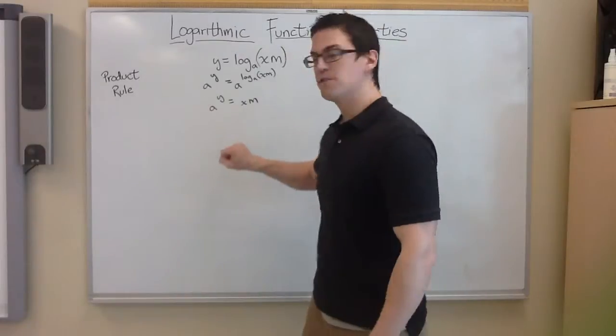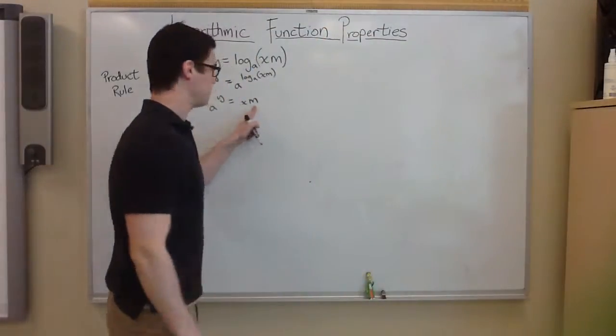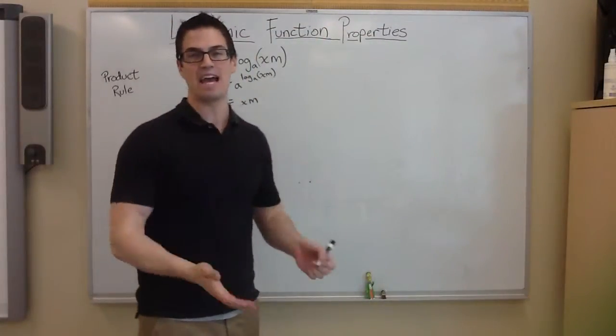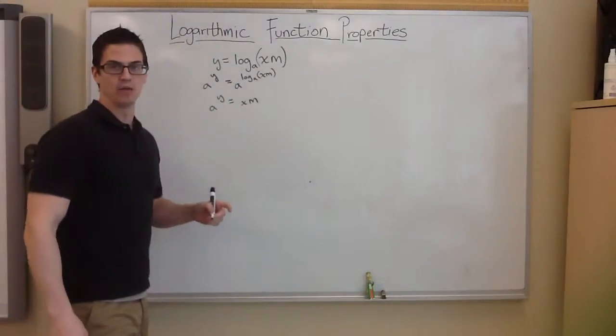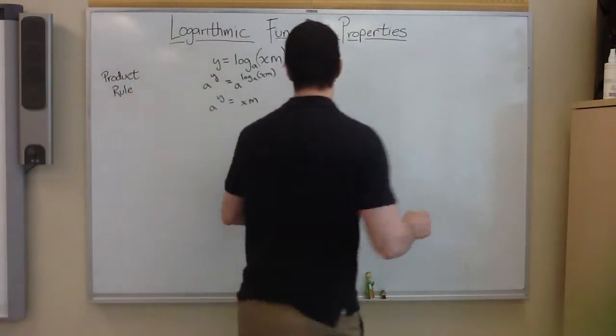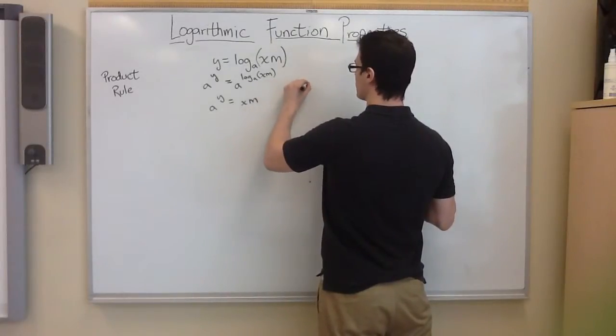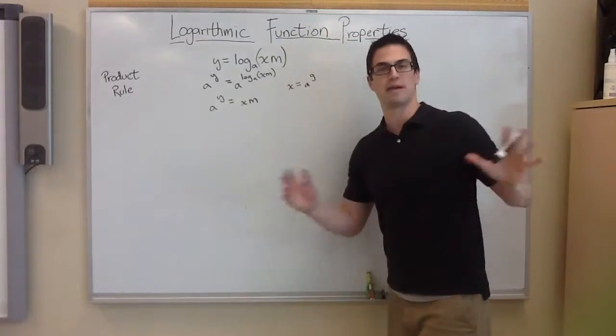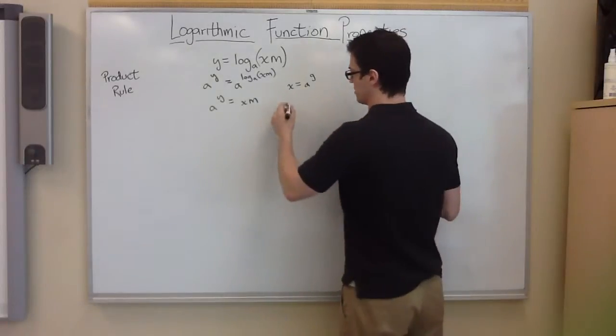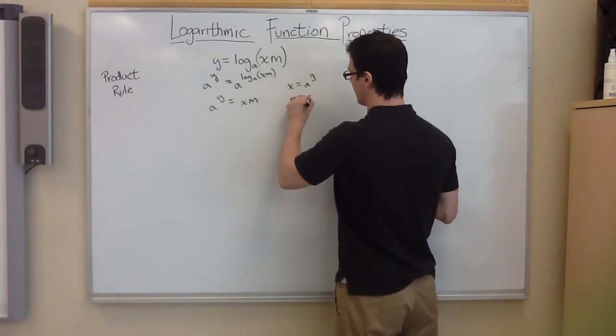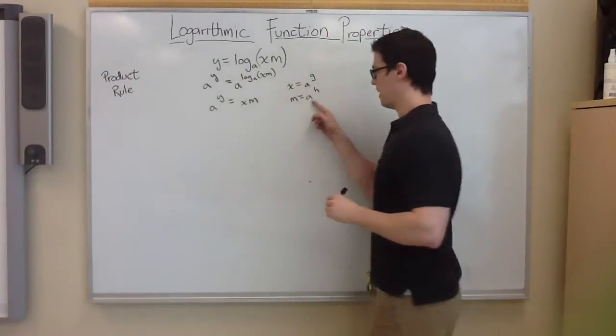Now to solve this problem, we need x and m to both have a base of a. They don't have a base of a right now, so I'm going to make it so they do. Let's just say x is equal to a to the g power. I'm just making something up, it doesn't actually matter what it is, as long as the base is a. And this one I'm going to say is a to the h power.